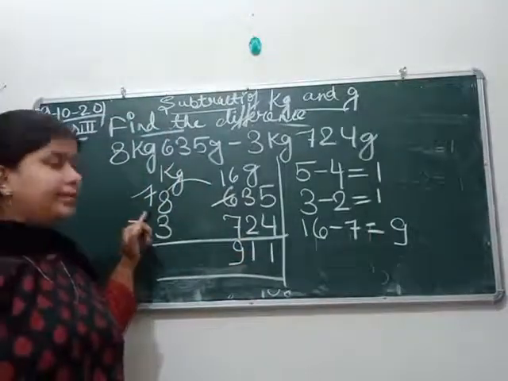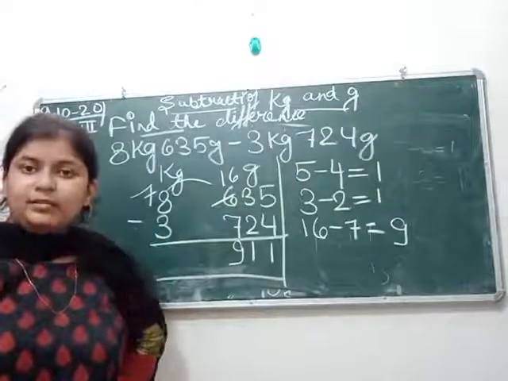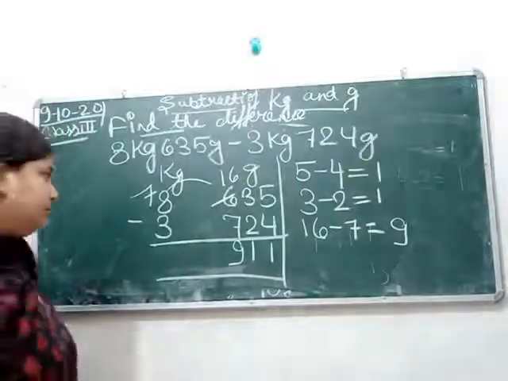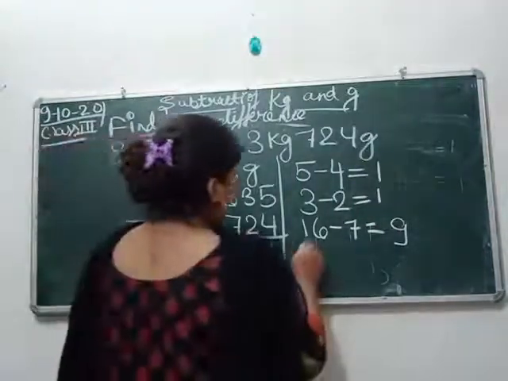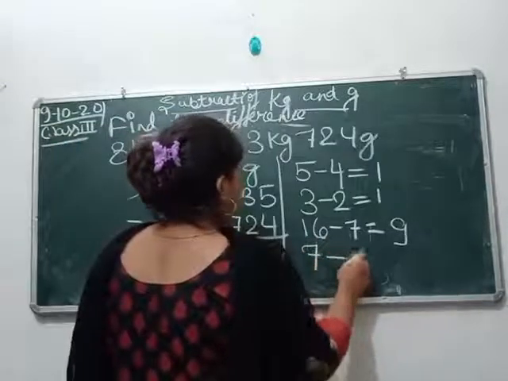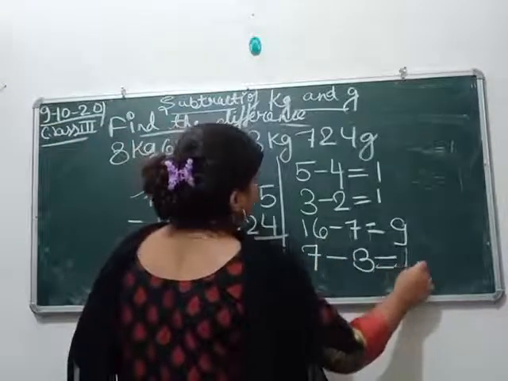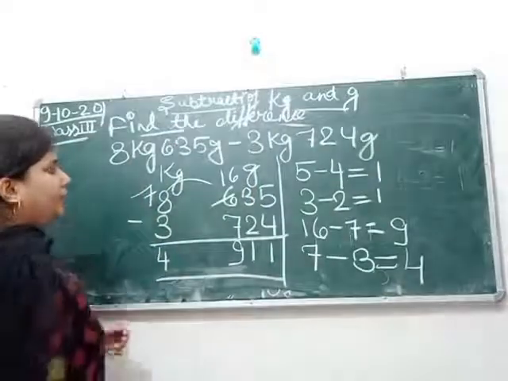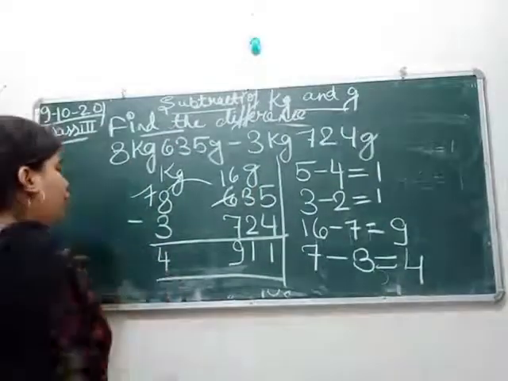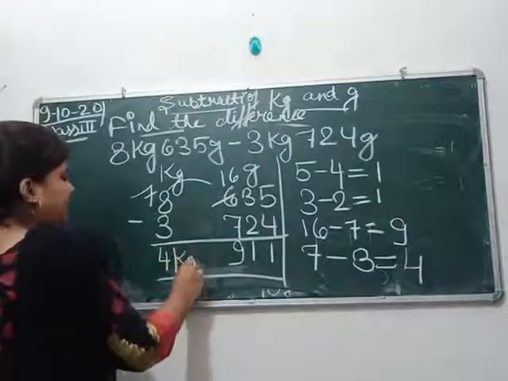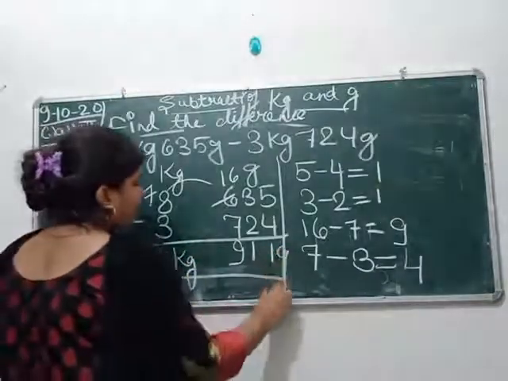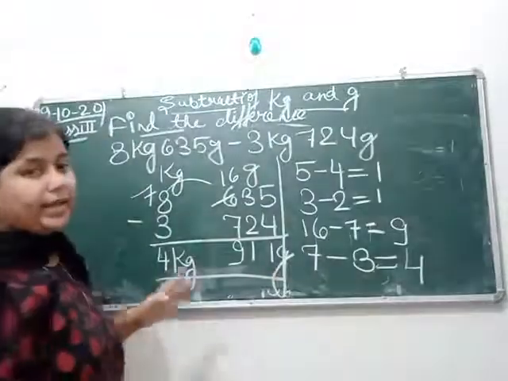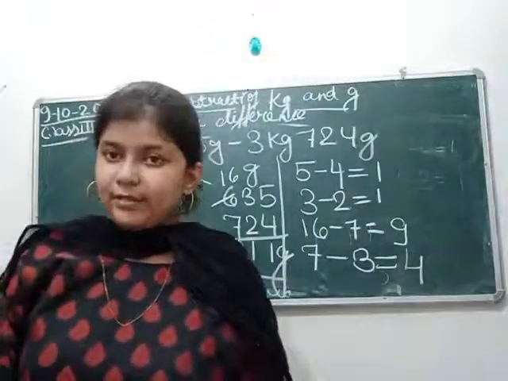Now at this place we are having 7 minus 3. We will get 4. So my answer for this question is 4 kg 911 gram.